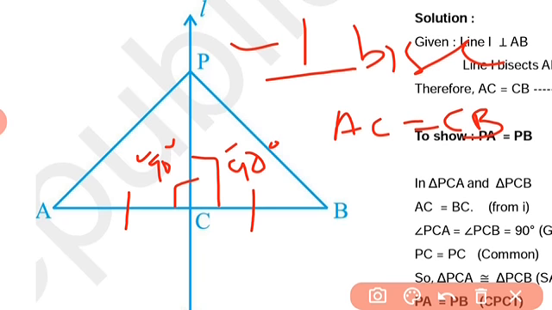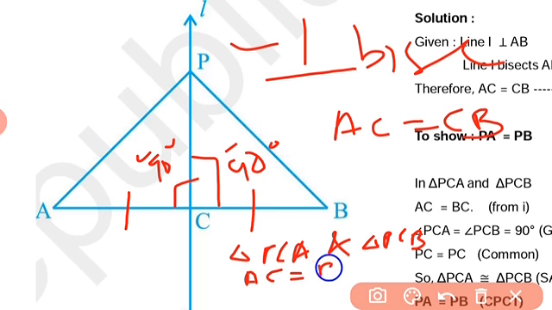So let's take triangle PCA and triangle PCB. AC is equal to BC. It is by perpendicular bisector. We have shown already that L is a bisector of AB.